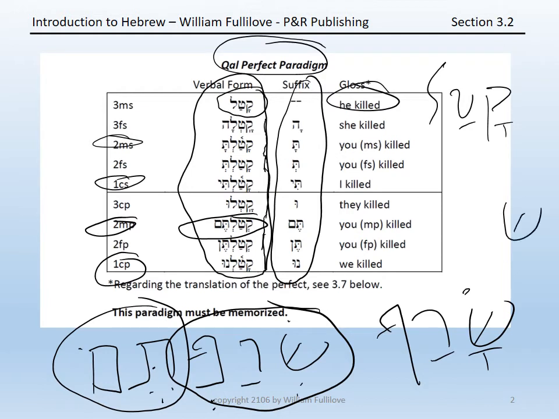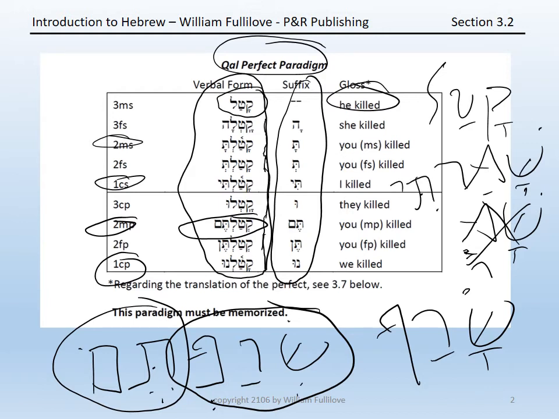Likewise, if you were to find shamarti, I miswrote that, let me write again. Shamarti. You again can look at the ending. This is a first common singular ending, ti. It's the same vowel pattern.